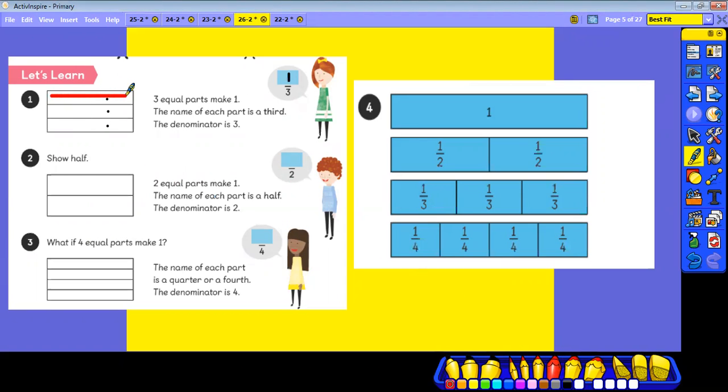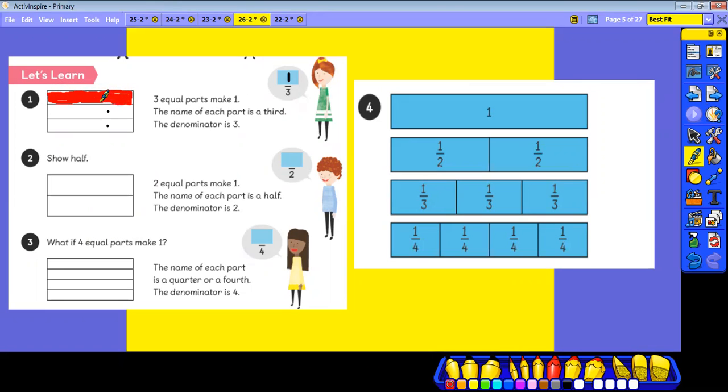Shade this section red. So this represents our red section that Ruby has said represents a half. Oh, I don't want to go outside of my lines if I can help it. Okay, too bad. You get the idea, don't you?